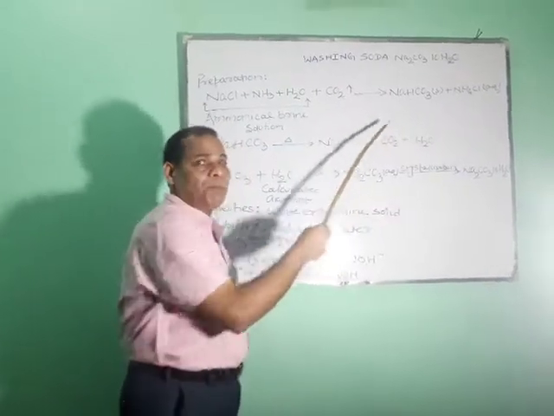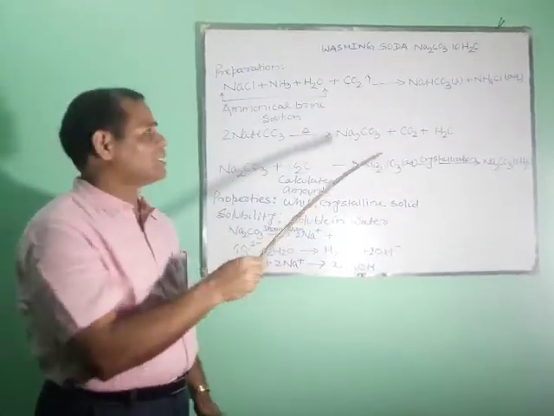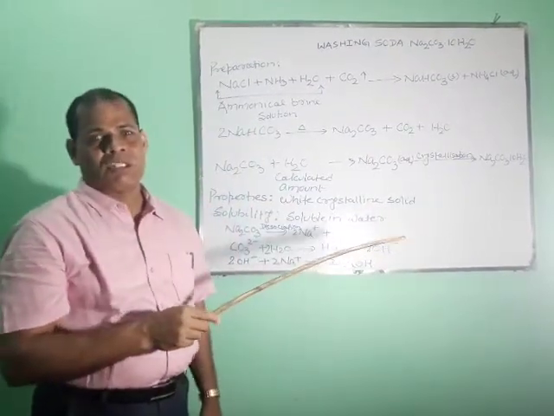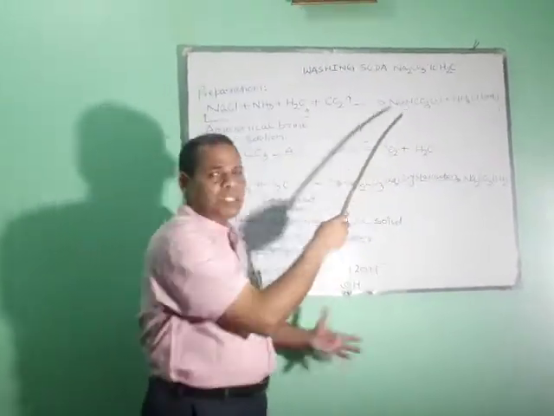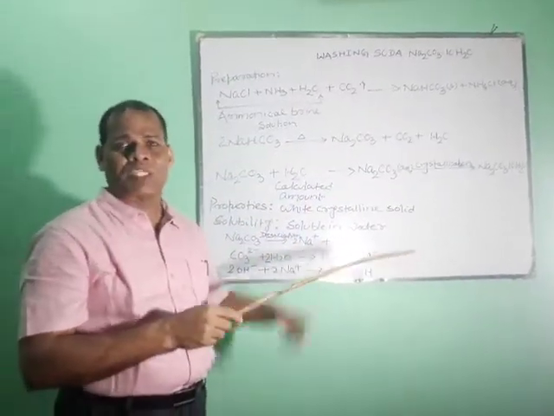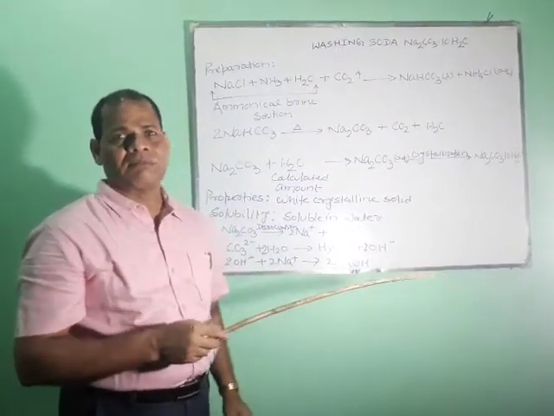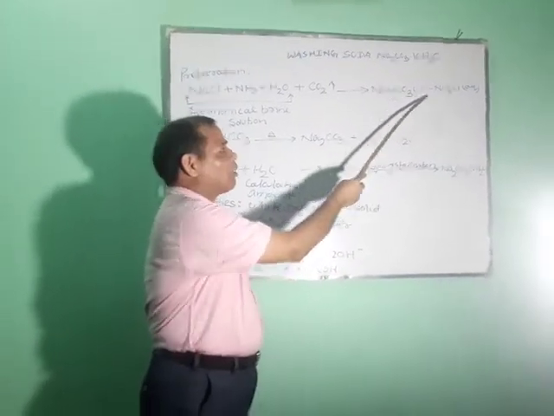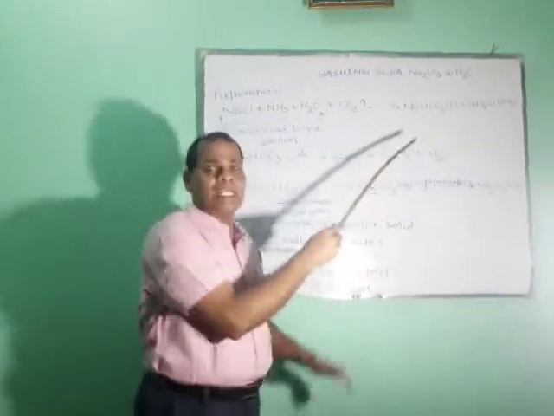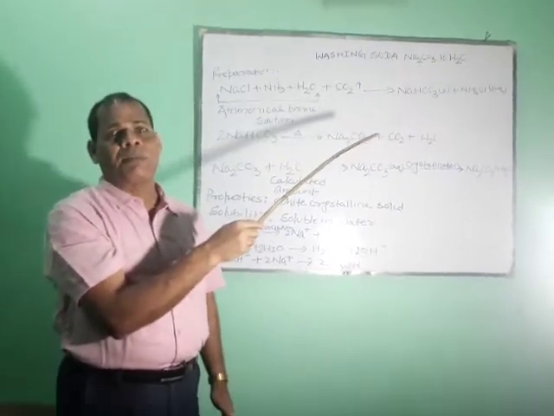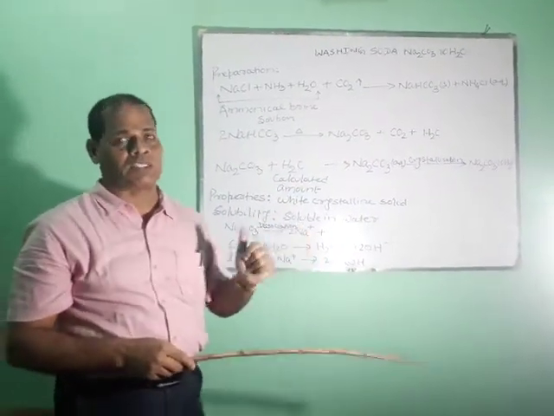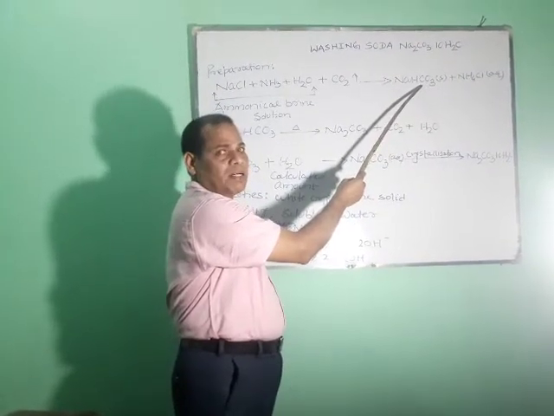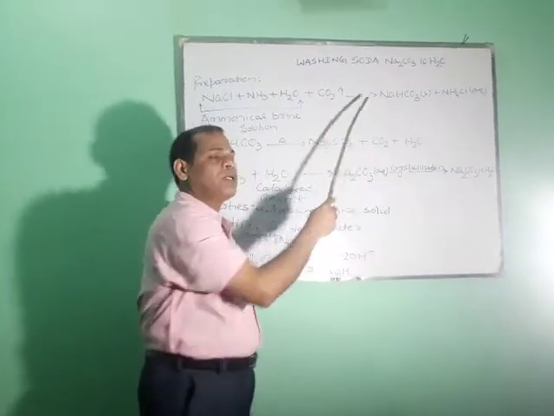Sodium bicarbonate is partially soluble, so it forms a precipitate, like a suspension. So from this solution it can easily be recovered by the process of filtration.